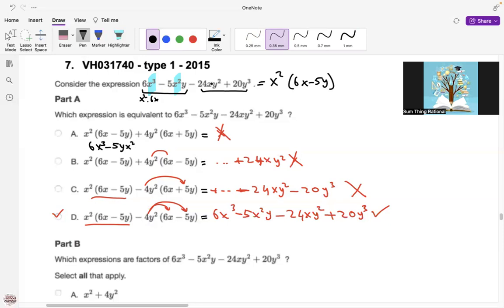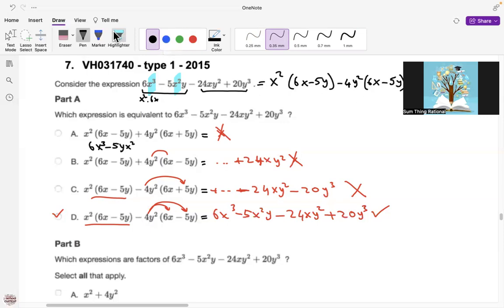If you take negative 4y squared, what is remaining inside? To get negative 24, it should be 6, since 6 times negative 4 is negative 24, and x I have, so it should be 6x. What multiplied by negative 4y squared gives 20y cubed? Minus 5, because minus 5 times negative 4 is 20, and since it is y squared and y cubed, I need to put y here.